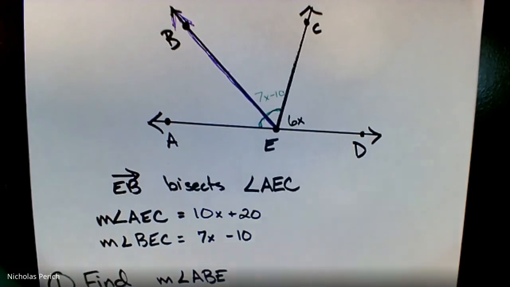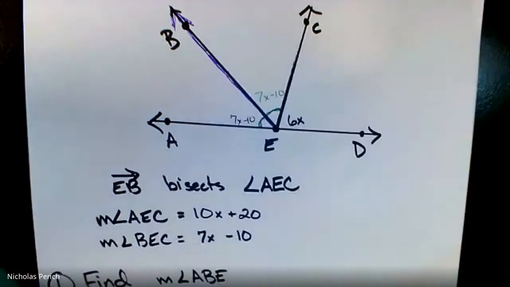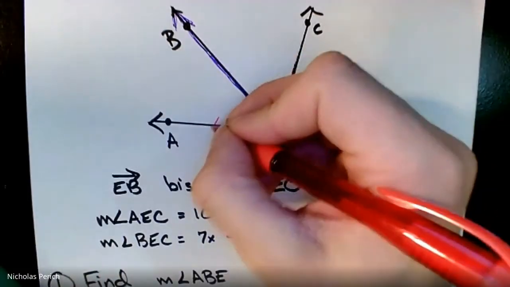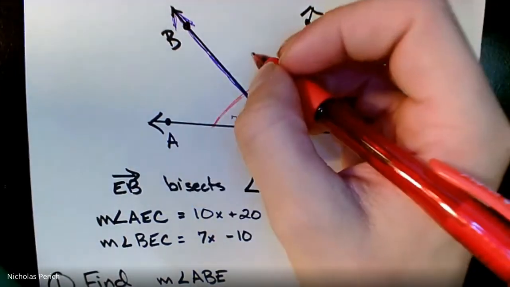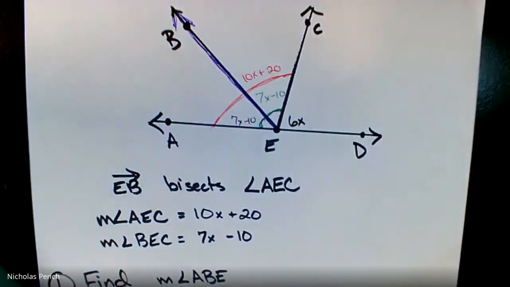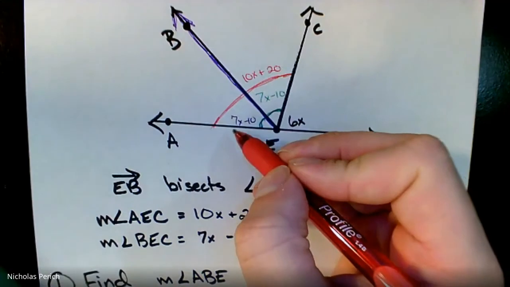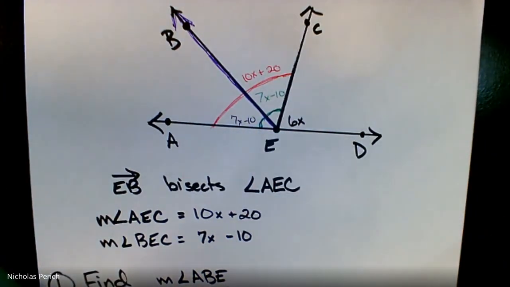Okay, so I know ABE is also 7x minus 10, so that's nice. What I do know also is AEC, this whole thing, the red line, is 10x plus 20. So that big red hoopy thing that I made is literally 7x minus 10 plus 7x minus 10.